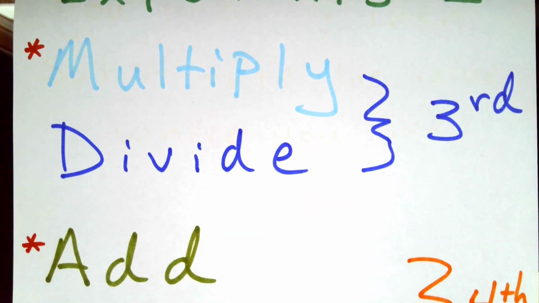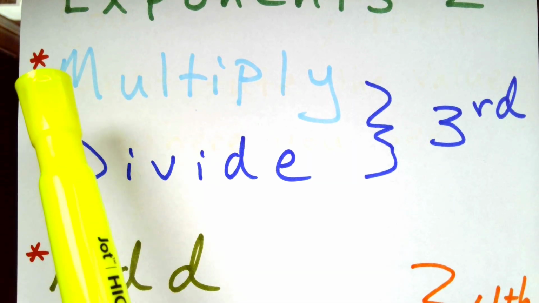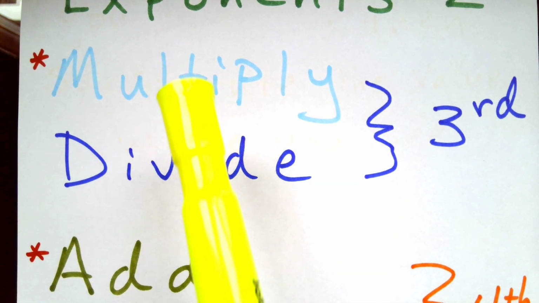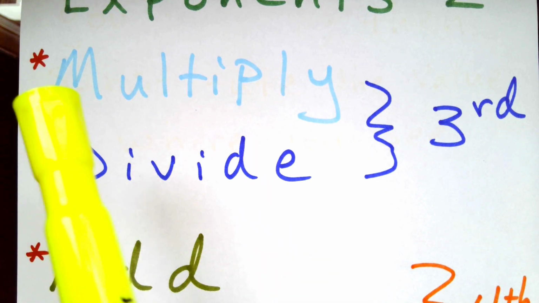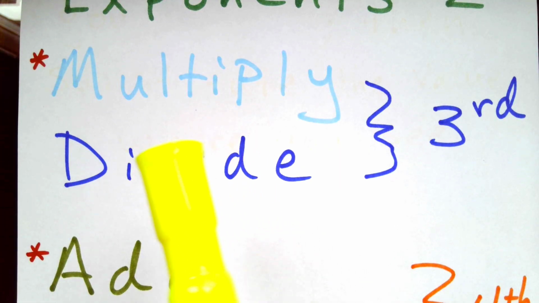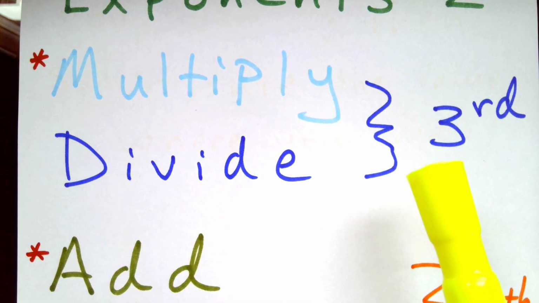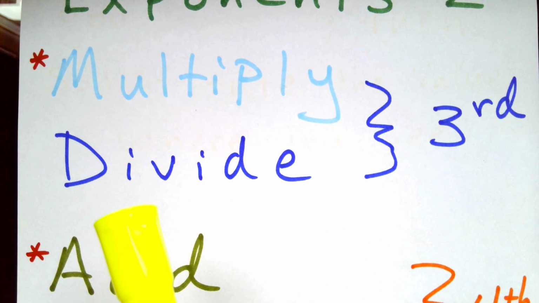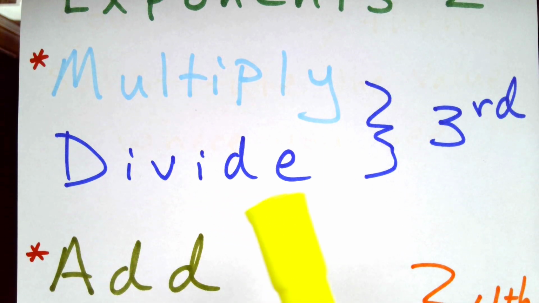Now, I have a little asterisk here written in red. That is simply because if it's a tie, you have to multiply and divide in the same operation. Then the asterisk is telling you to move or simplify left to right. So if it's multiply before divide, then moving left to right, you'll multiply, then divide.